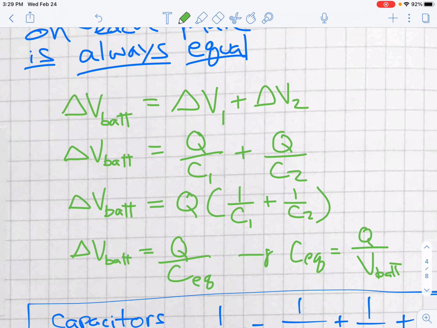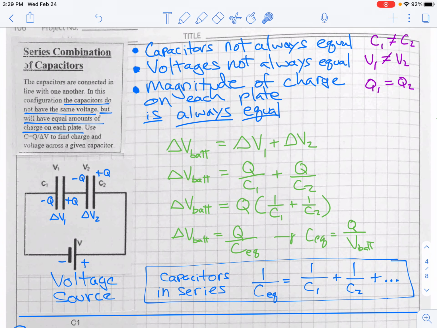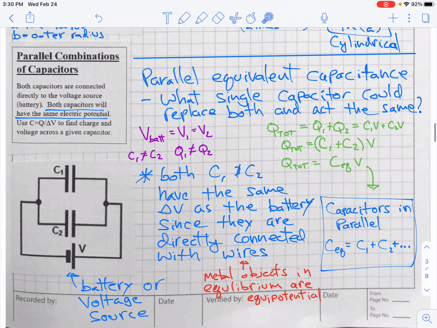That's, again, going back to the definition of capacitance, C equals Q over V. So 1 over the equivalent capacitance is 1 over C1 plus 1 over C2 plus 1 over C3, etc. So capacitors in series follow a 1 over law. Capacitors in parallel follow just a straight up summation.